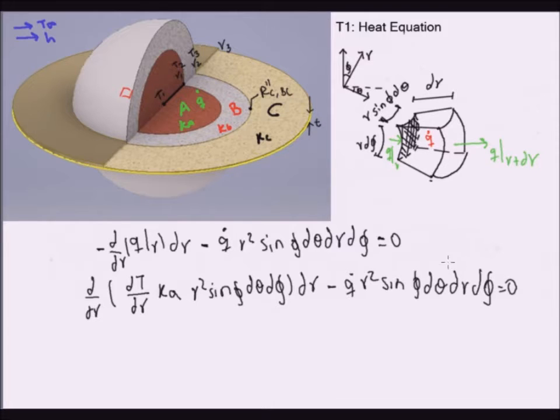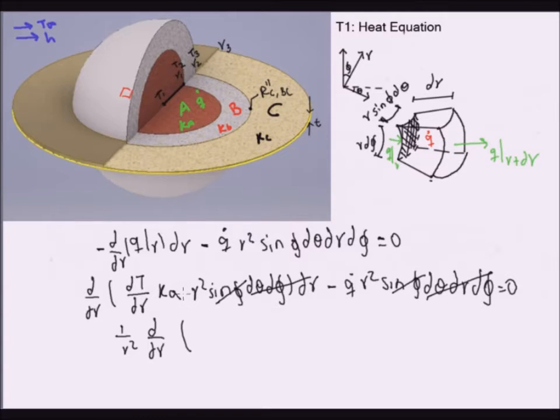And now here we can divide by our differential elements, d theta, d phi, dr, and we can also divide by r squared and by sine phi. Since sine phi is independent of r, we can pull it out of the derivative and we can cancel it out. So we cancel out these terms, and all we're left with is 1 over r squared d over dr times, we can also divide by Ka because we assume constant properties.